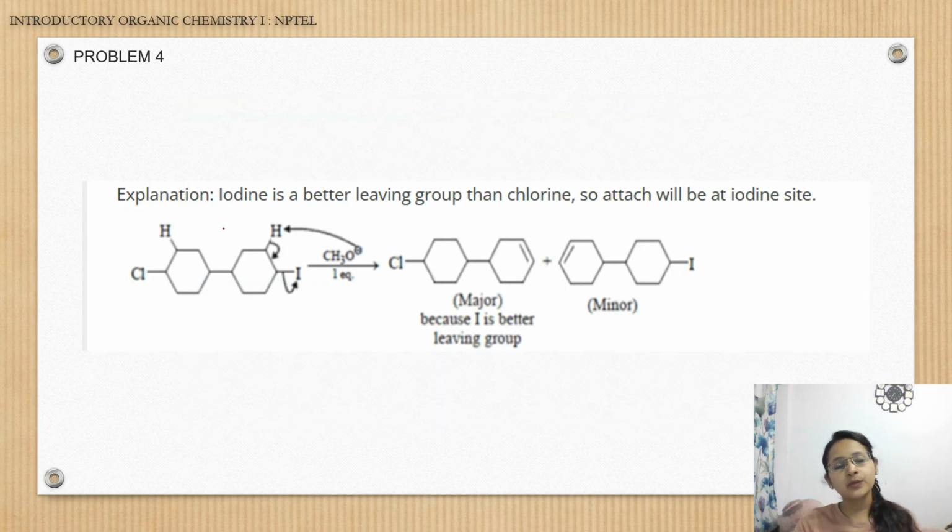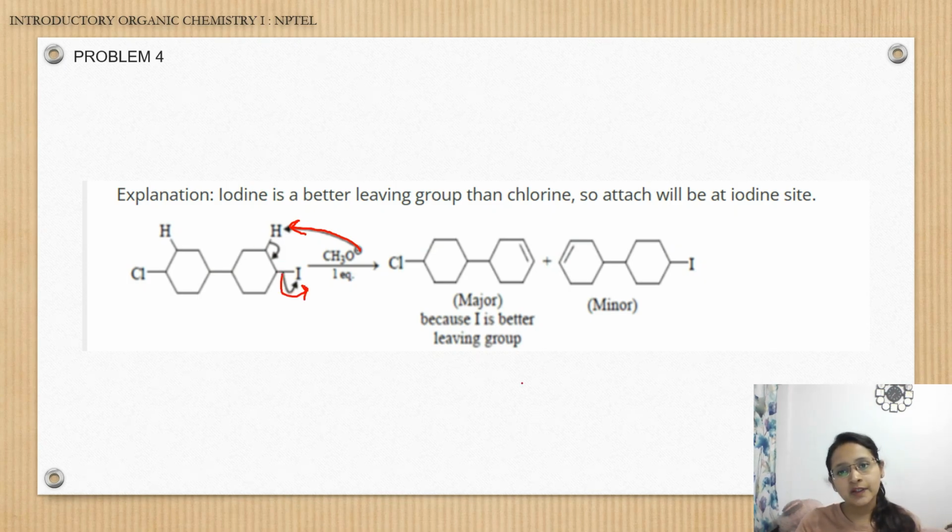This is the explanation that iodine is a better leaving group than chlorine. The ethoxide first attacks this proton, takes up this proton, and the carbanion generated at this position goes here and iodine leaves out.